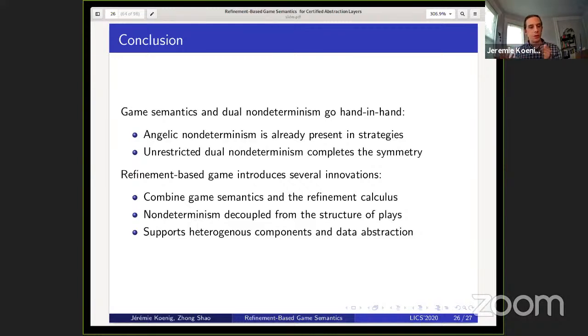We also use ideas from algebraic effects and free monads to obtain something that's nice to use and nice to formalize in a proof assistant.